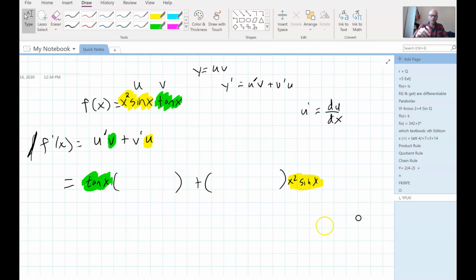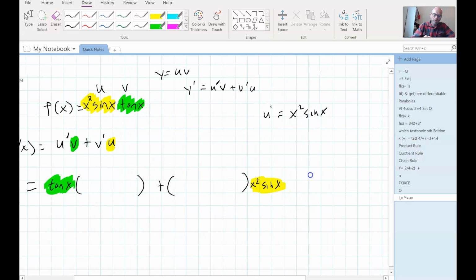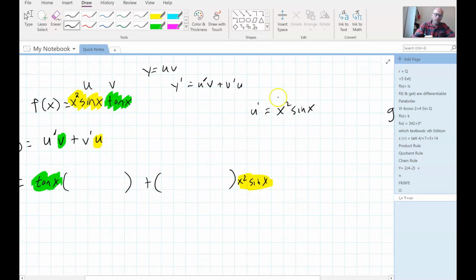I think it's useful to go off to the side here and do the derivative that you know you need. I need to know the derivative of x squared sine x. When I look at that, I quickly realize I'm going to have to use the product rule again. So as not to confuse myself with other letters, we'll call this my m and this my n.